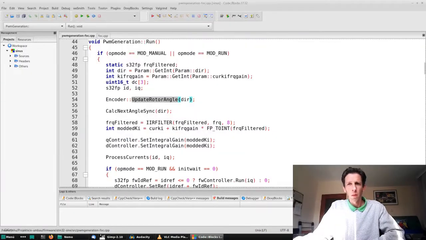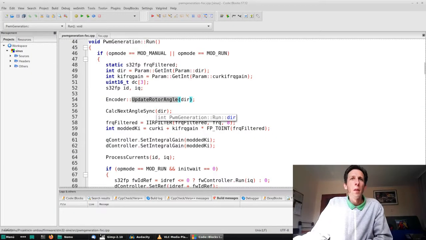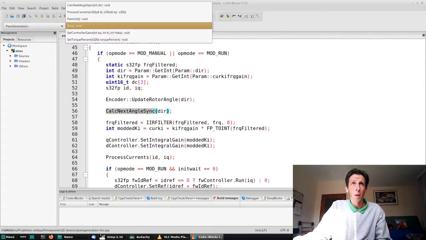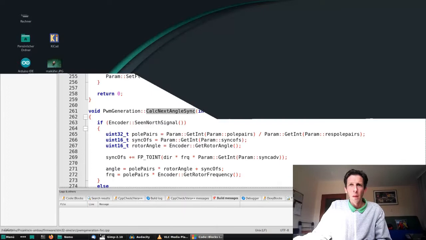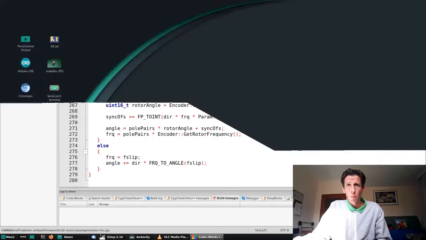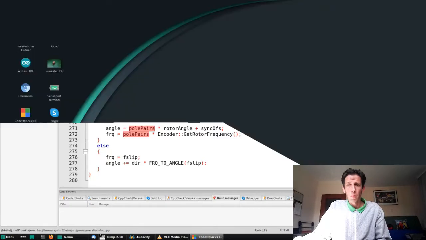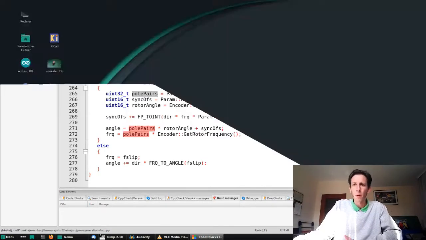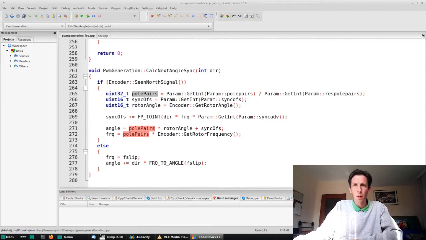No, sorry, no, it does not. Calc next angle sync, that's what has the surprise in it. So, pole pairs. Like I said, most motors have more than one pole pair, even though single pole pair versions exist.